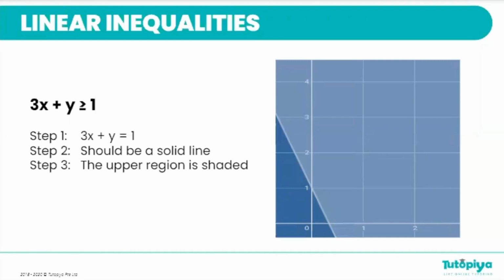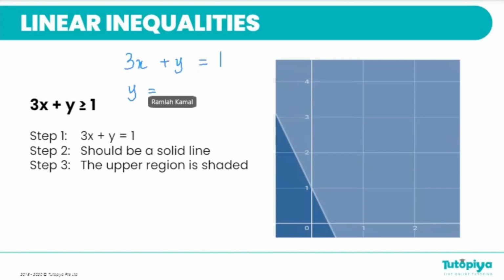So we are also going to look at an example of plotting a linear inequality on a coordinate grid. The inequality that we've been given here is 3x plus y is greater than or equal to 1. To begin with, I'm going to take this same inequality, but instead of writing my inequality sign, I'm going to replace it with an equal sign. After I do this, I'm going to rewrite this with y as the subject of the formula.